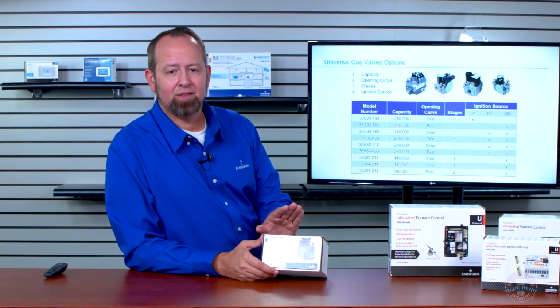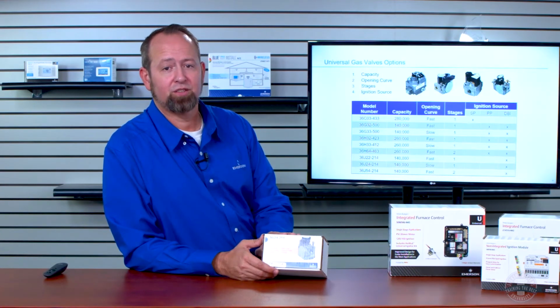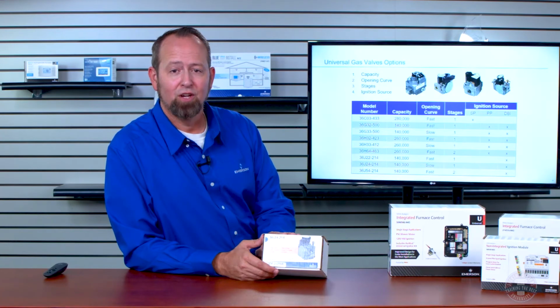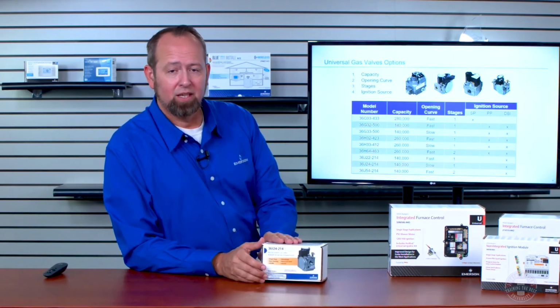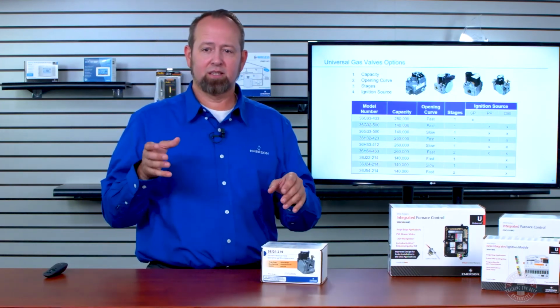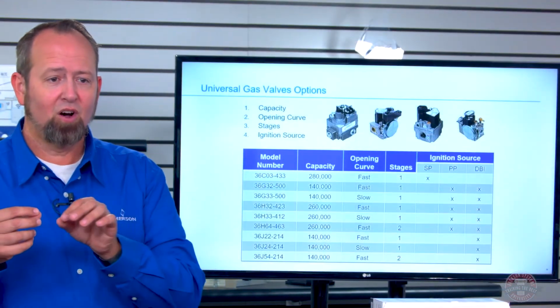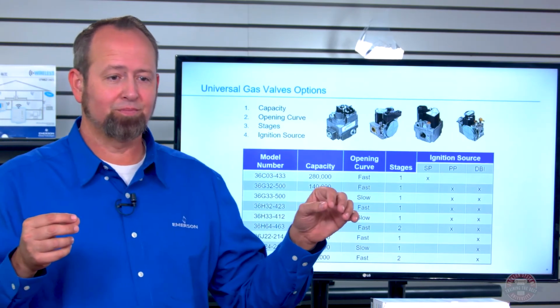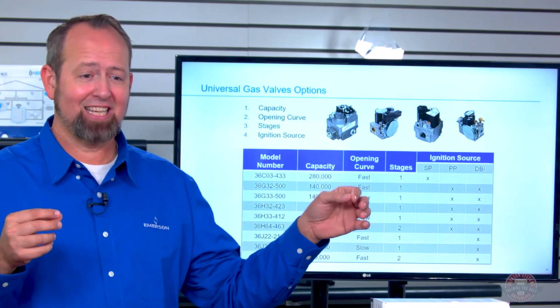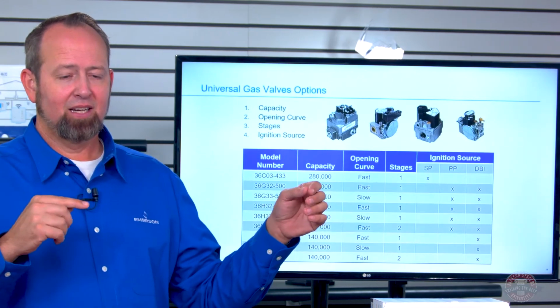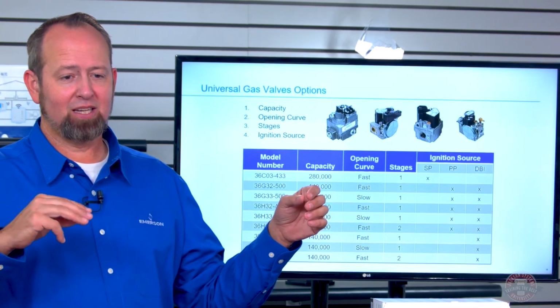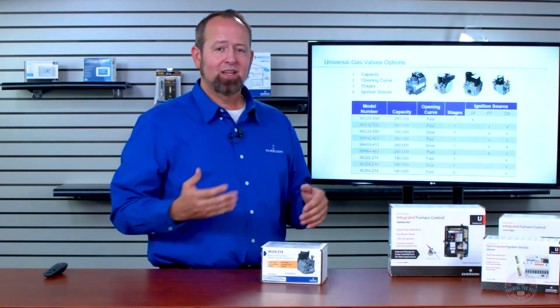that the old furnaces that took the slow opening valve were furnaces that had what we called ribbon burners in them. And they were burners that the gas went in the front, and they went all the way down to the back of the heat exchanger. And when the gas flew in the front of the burner, it came up through the burner.